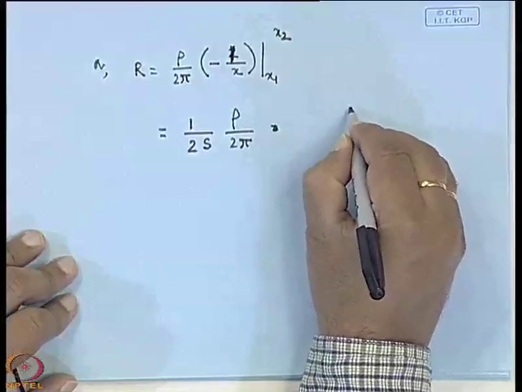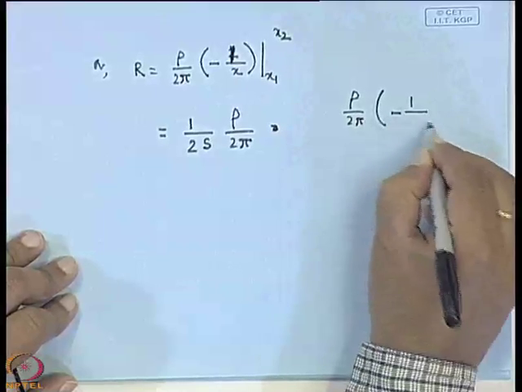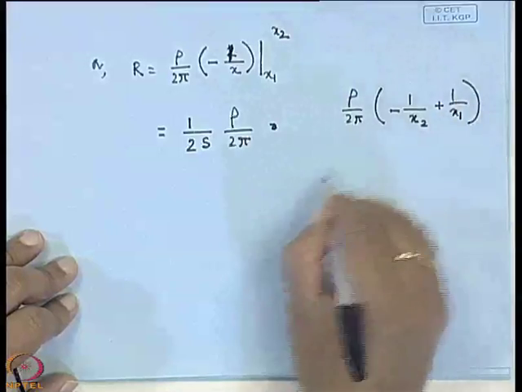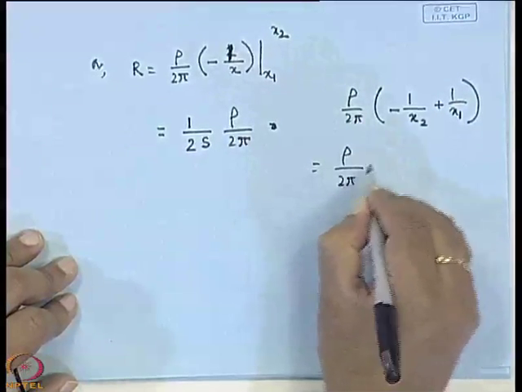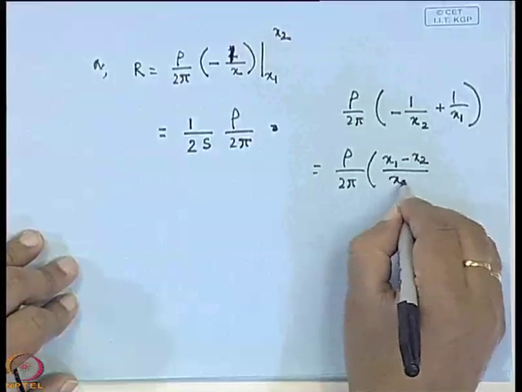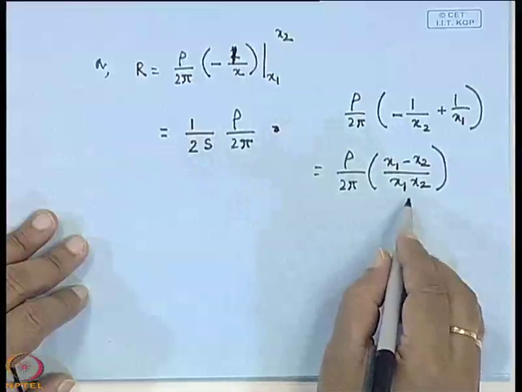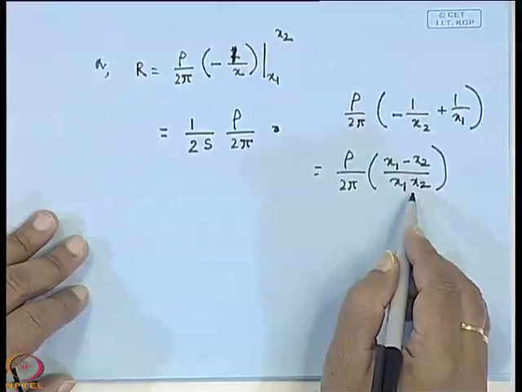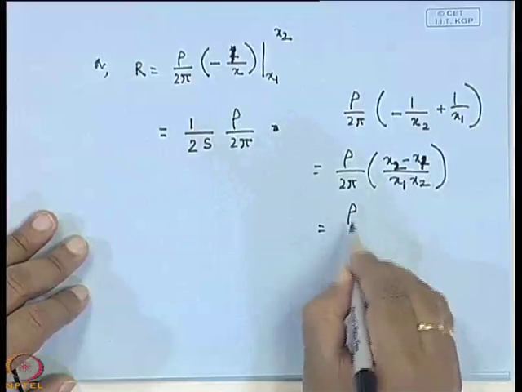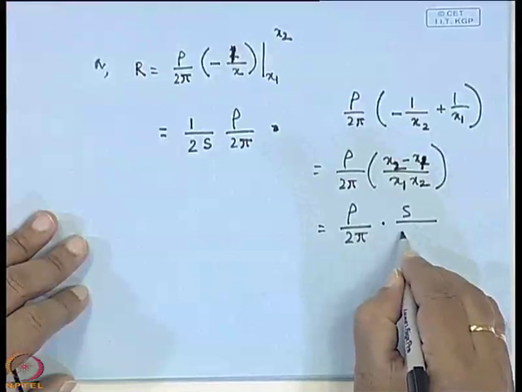So that would be equal to rho by twice pi into (1 by x1 minus 1 by x2), which gives x2 minus x1, that is S, divided by x1 into x2. So it is rho by 2 pi, S by x1 into x2.